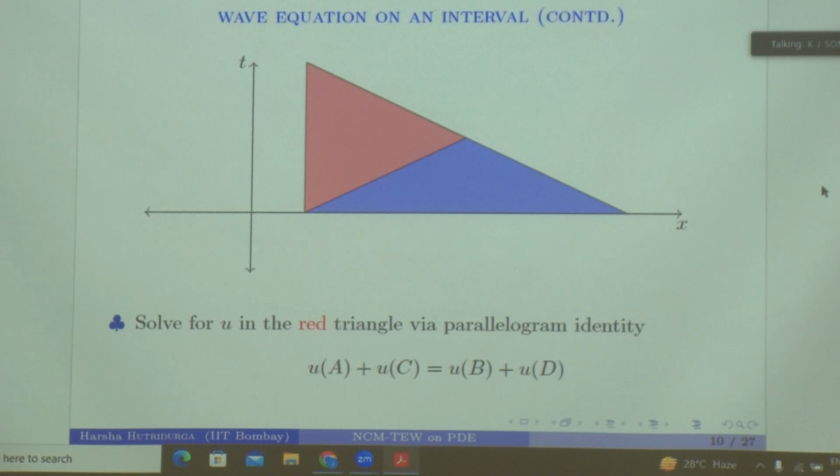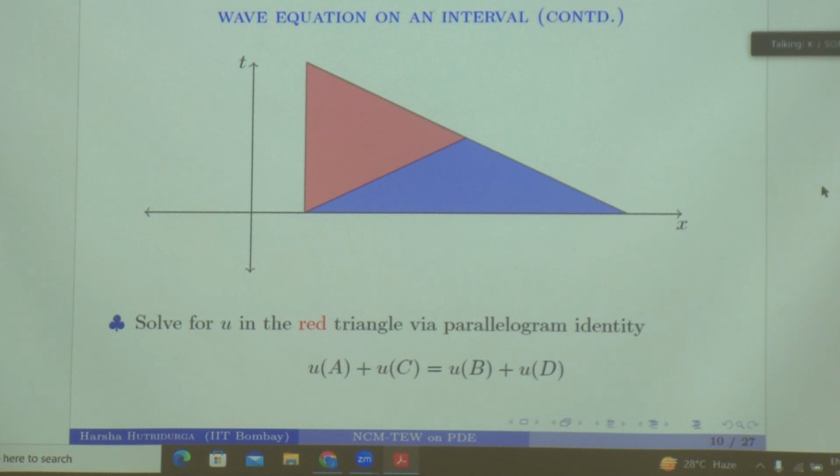So you have this line parallel to the t-axis, starting from (a, 0) here. You continue this line until it hits that line. So you get this triangle here, the red triangle. Now, by D'Alembert's formula, we have the values in the full blue triangle, in the interior and also on the boundary.